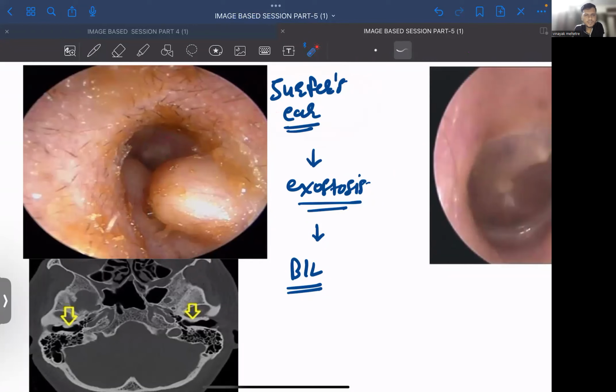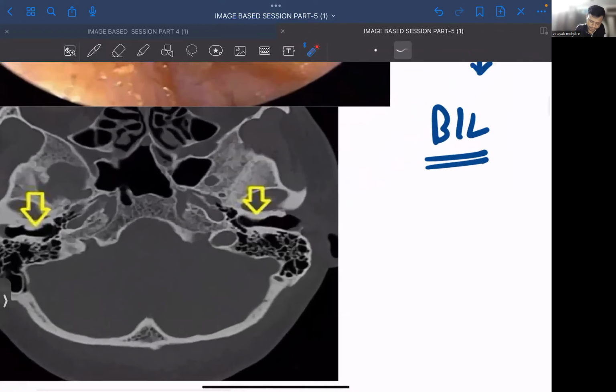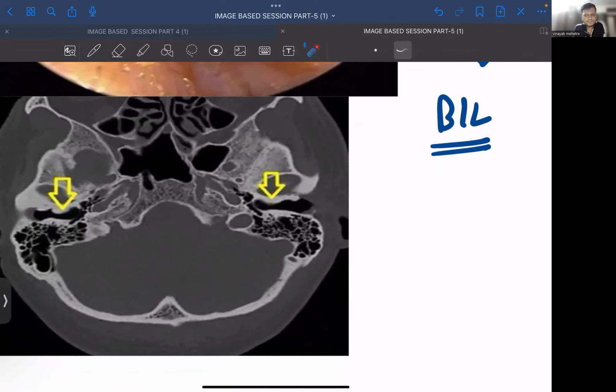Images are asked in ENT. So what you will see is bilateral bony growth in both ears.